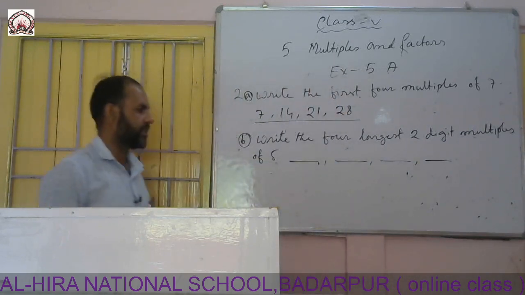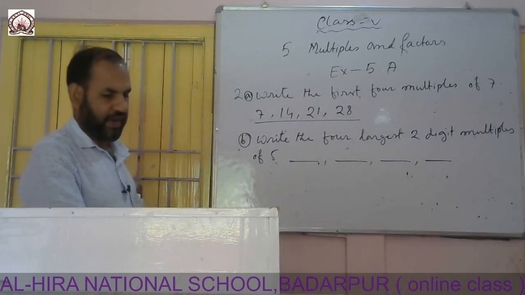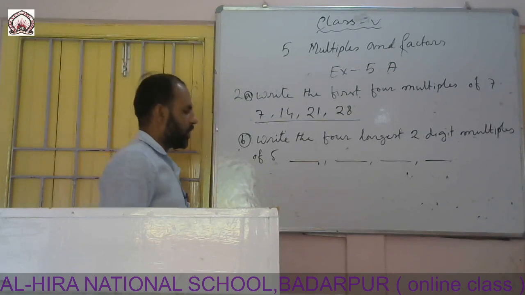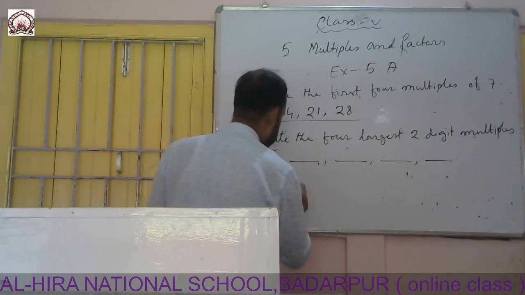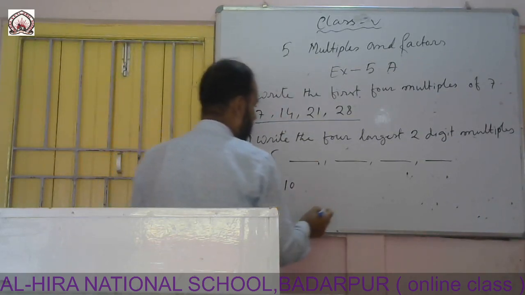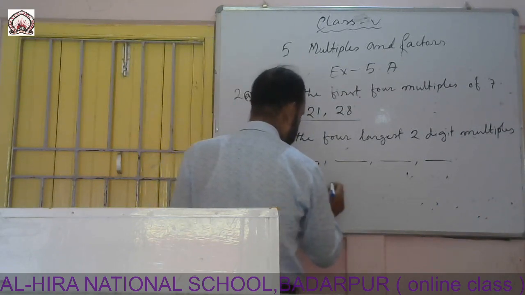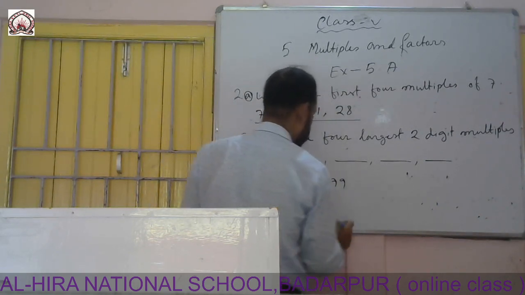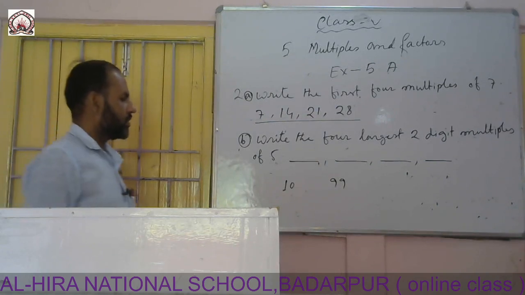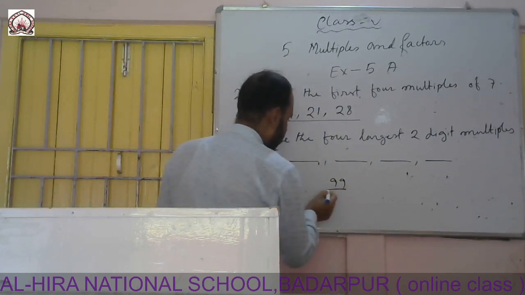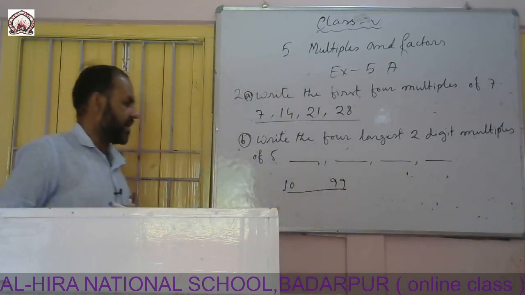So 2-digit numbers, we know, start from 10 and end at 99.